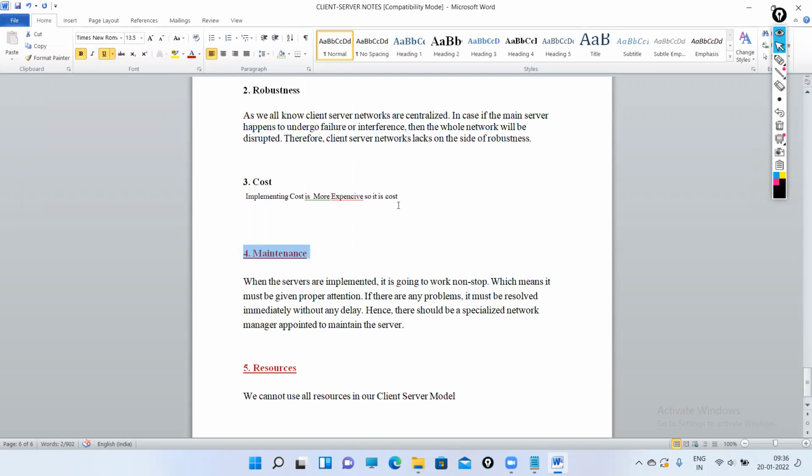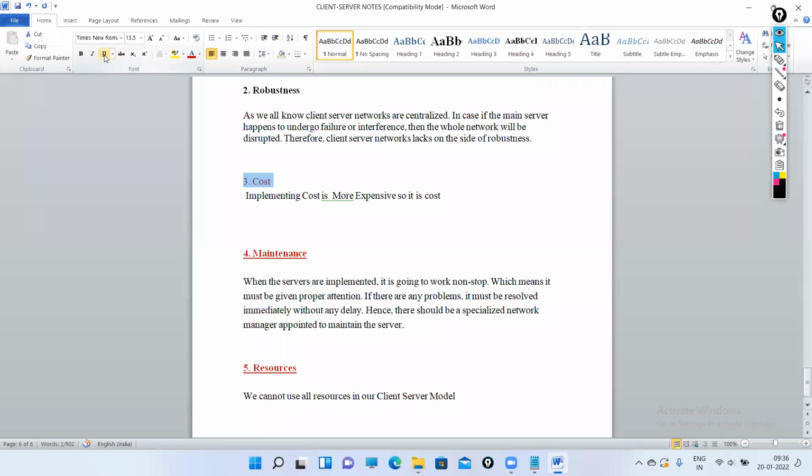That's why it is difficult to maintain. Next, cost: implementation cost is more expensive. That's why it is cost. Okay, any doubt, madam?